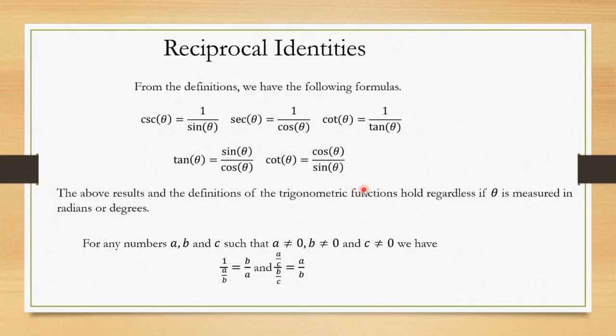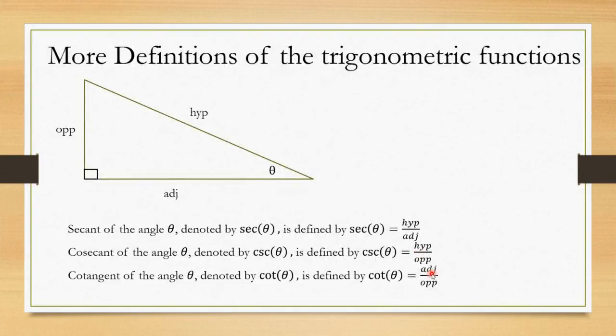These are the definitions of secant, cosecant, and cotangent. Secant is hypotenuse over adjacent, cosecant is hypotenuse over opposite, and so on.